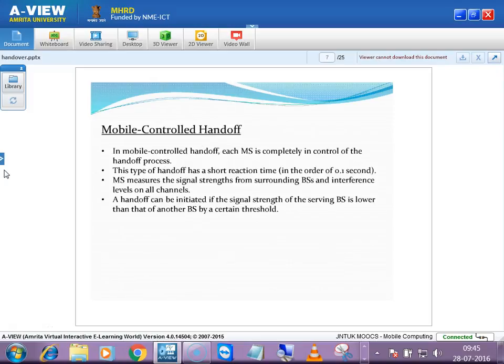But in the third case, the mobile itself is deciding which base station to hand over to. So this is maybe in terms of 0.1 seconds, because it is less, since the decision is fast and the implementation can also be fast.